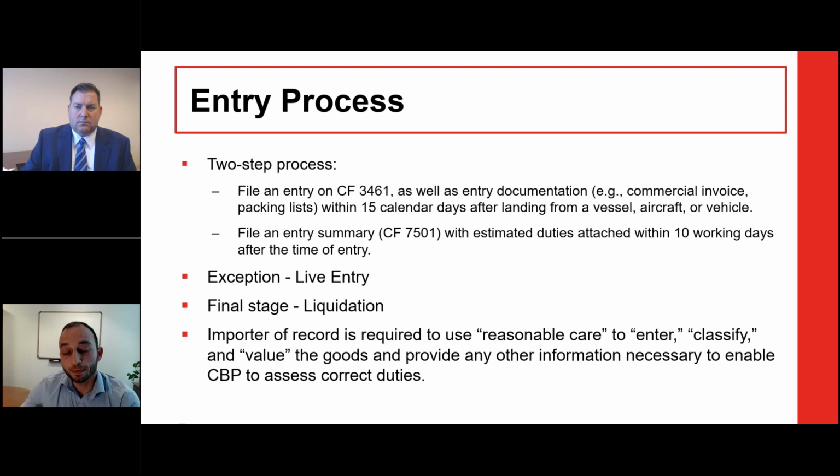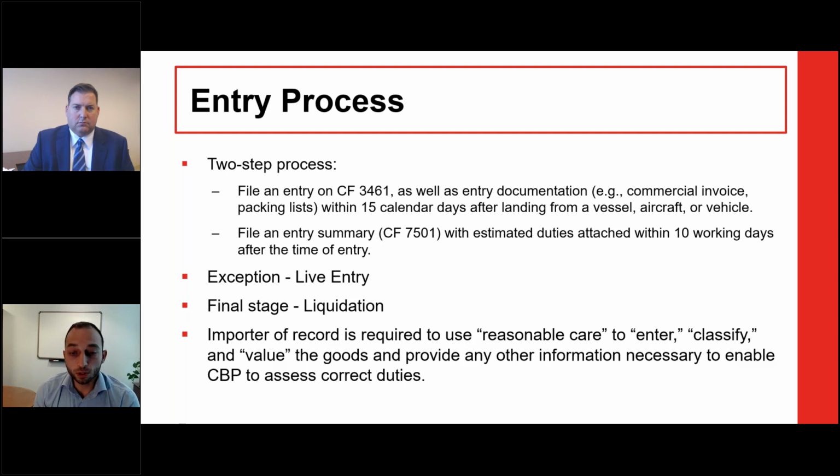And then the final stage of this process ends with liquidation. Liquidation essentially is CBP's final tally of money owed to customs based on the documentation and current knowledge of the duty rates and the value of the imported goods.